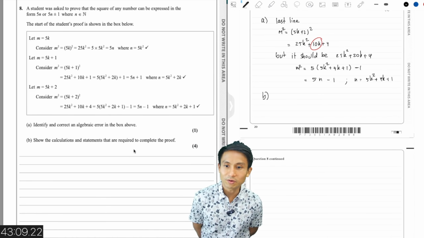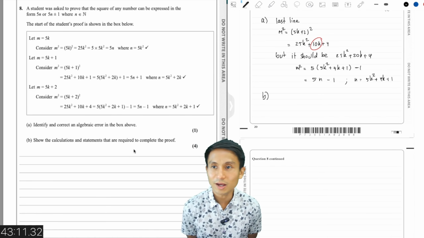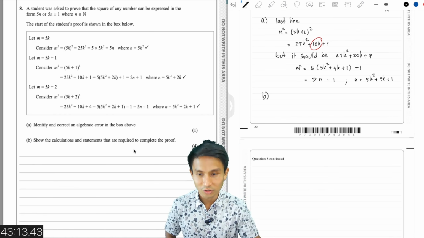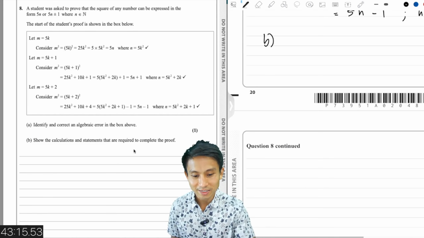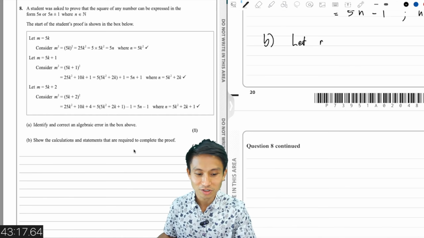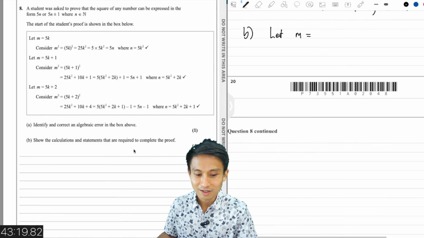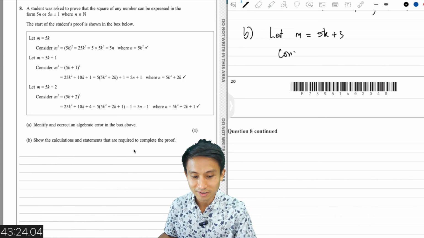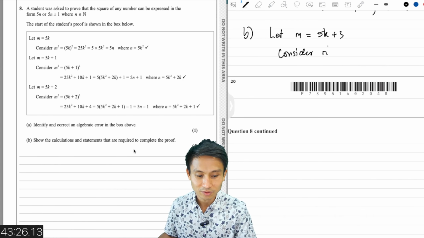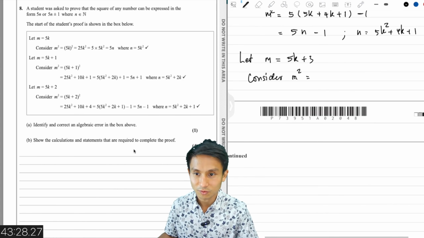Part B, show the calculations and statements that are required to complete the proof. Right, so we need to do 2 more cases. So just going to copy the template there, easier. Let m be 5k plus 3. So consider m squared equals 5k plus 3 squared.